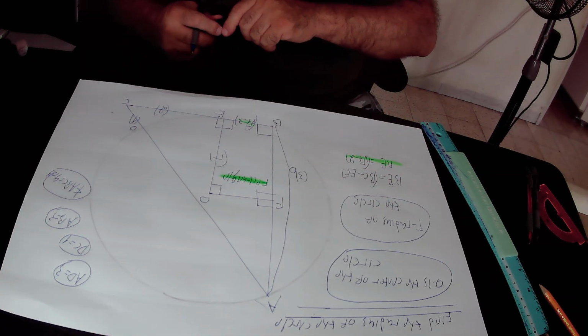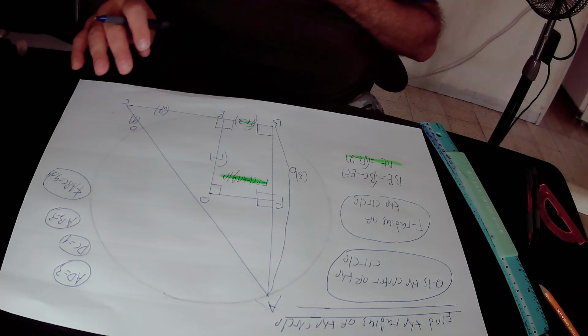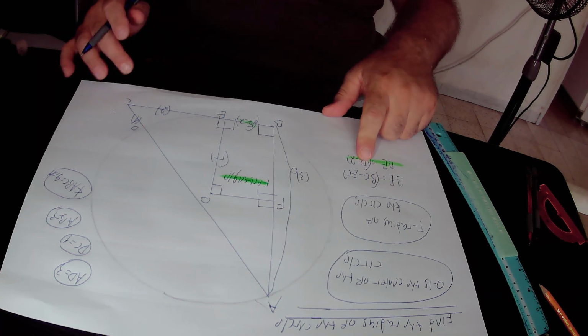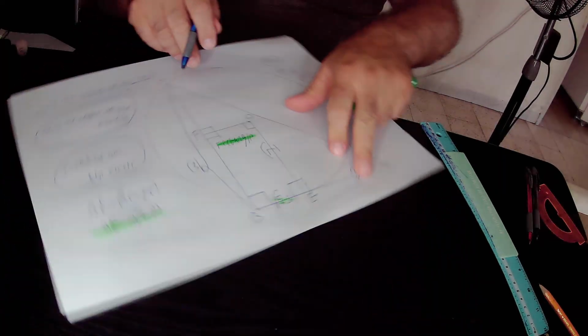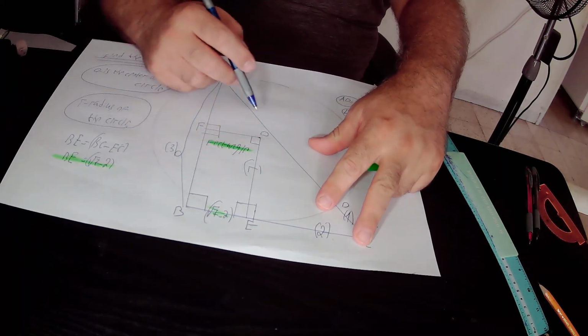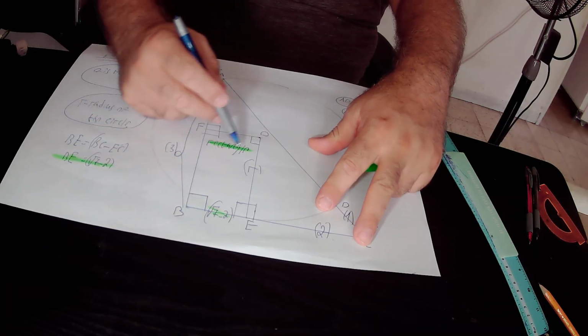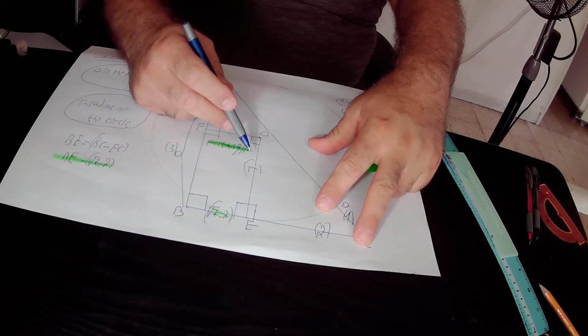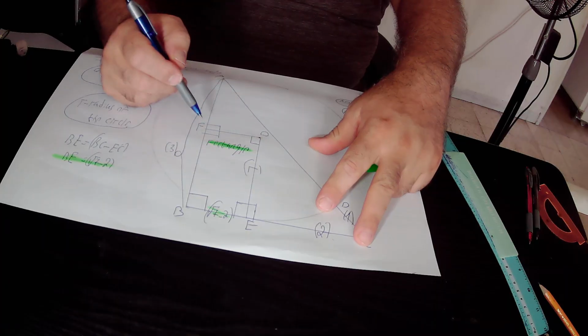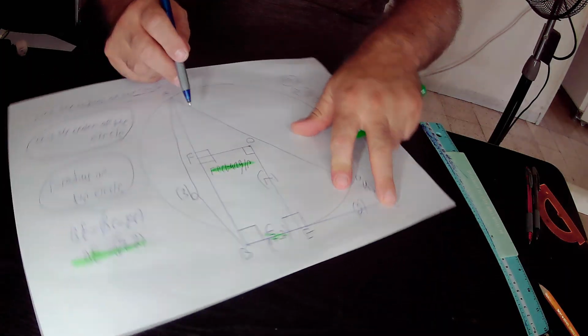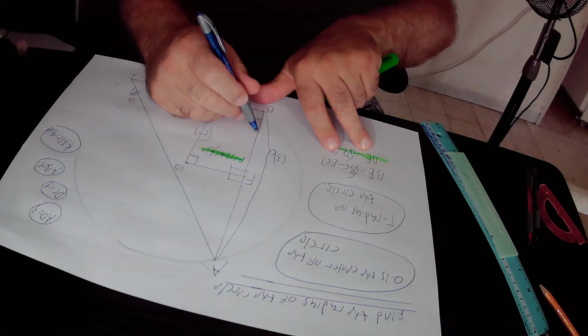But we also know that the opposite sides of a rectangle are equal to each other. So in rectangle FOEB, side OE is equal to the opposite side FB, but OE equals R, the radius of the circle, therefore the opposite side FB must also equal R units in its length.